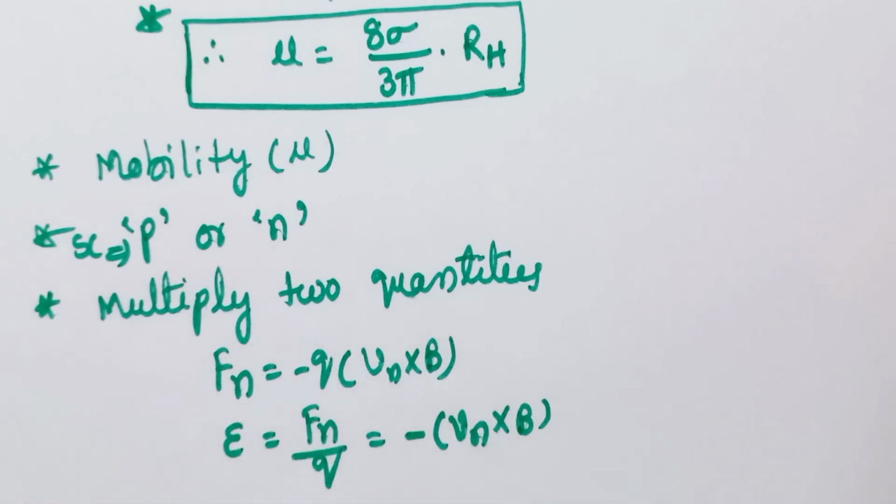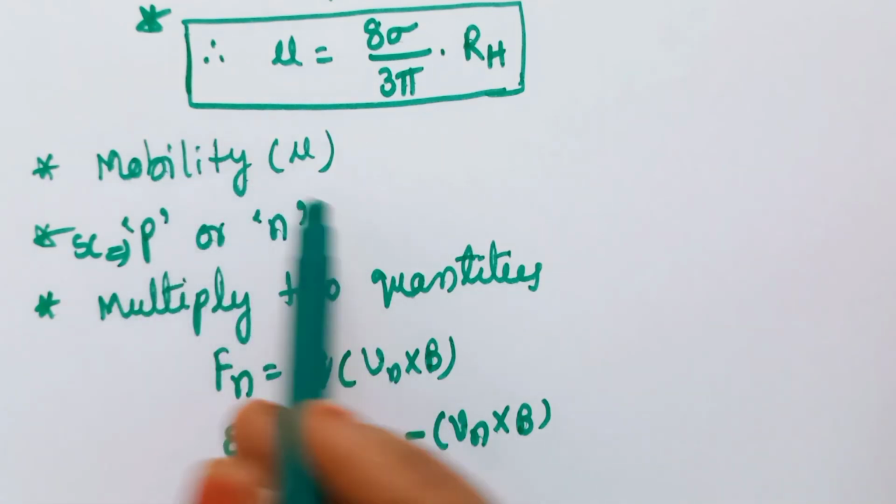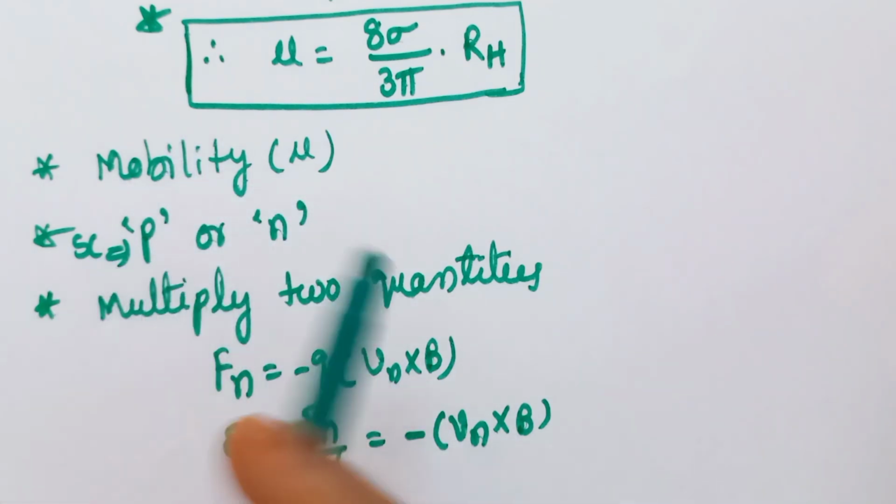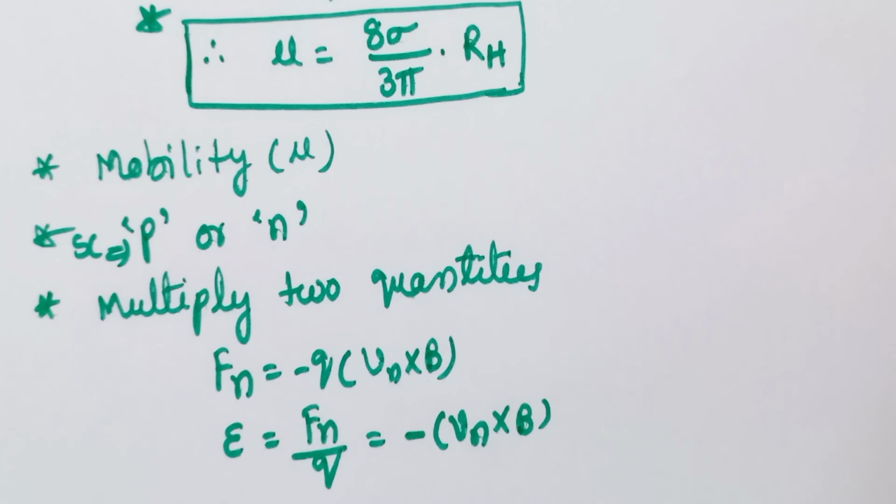So the advantages of Hall effect are that it is used to find the mobility, to find whether the semiconductor is P type or N type, and it can also be used to multiply two quantities, for example velocity and magnetic flux for a semiconductor. So this is a very important effect in the case of semiconductors.